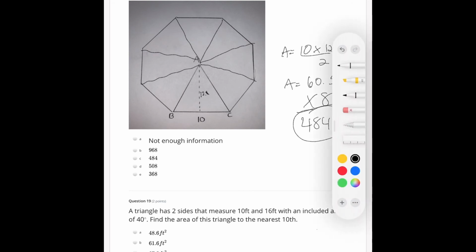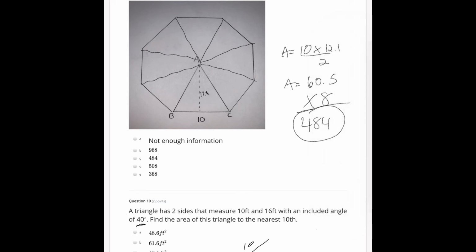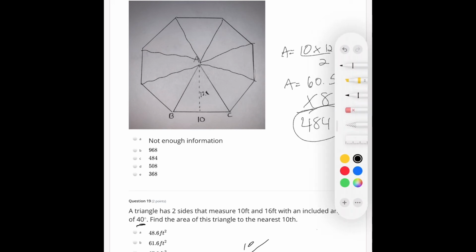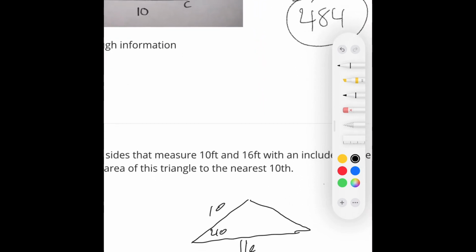And 10 will be this other side. It says an included angle of 40 degrees. So it's in between the two sides. So here's my triangle. My base is 16.